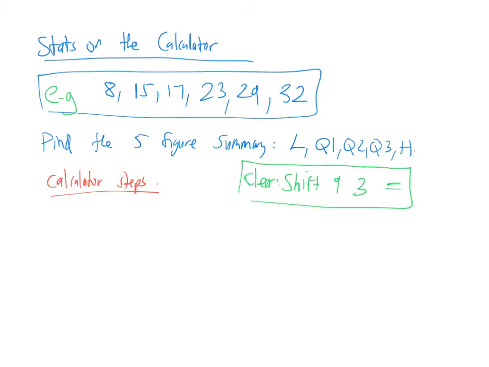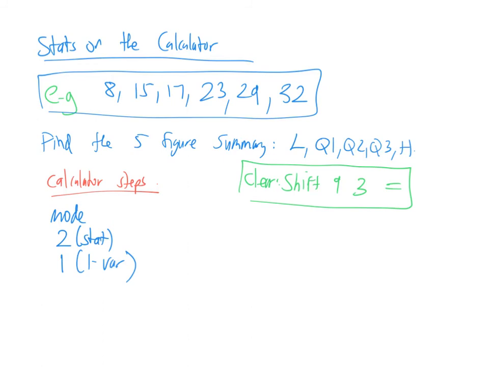Okay, let's follow these steps to put these numbers into the calculator to find out the 5-figure summary. Okay, I'm going to press mode, then 2 for stat, then press 1 for 1-var, means single variable. The bracket part is just what the calculator screen says, so mode 2, 1.